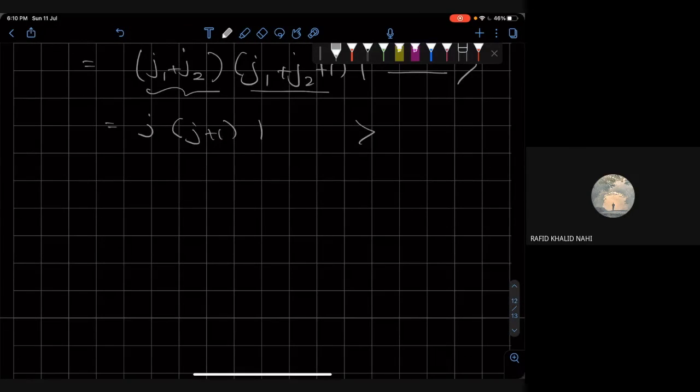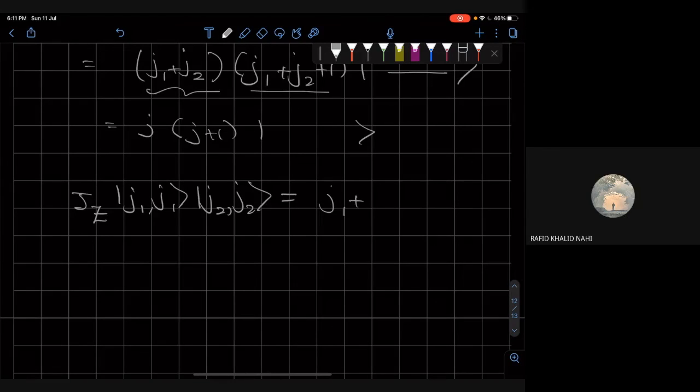What is the second test? The second test is the Jz eigenvalue. The Jz eigenvalue of J1, J1, J2, J2 is very easy. It's just very trivial to show that it is just J1 plus J2.